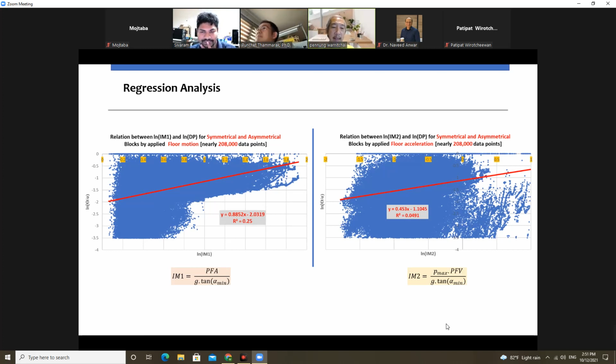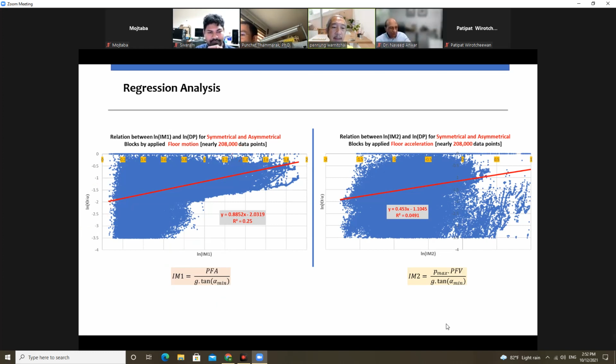Actually, to answer Dr. Panche, this is not the equation he planned to propose. This is just intermediate step analysis to find the best intensity. Which intensity parameter will have the best correlation with the demand on this condition.